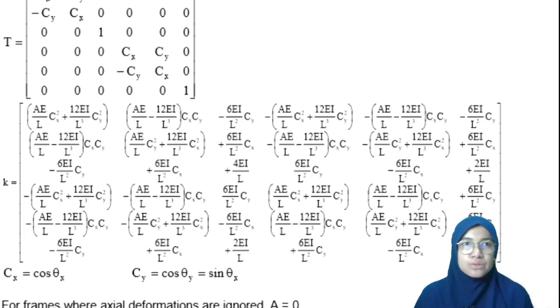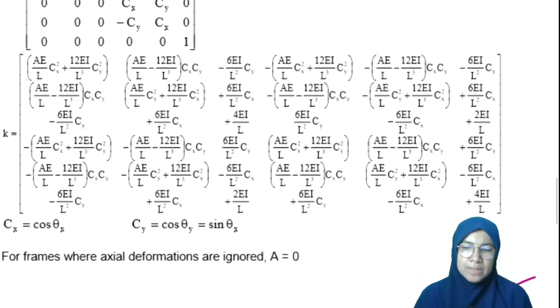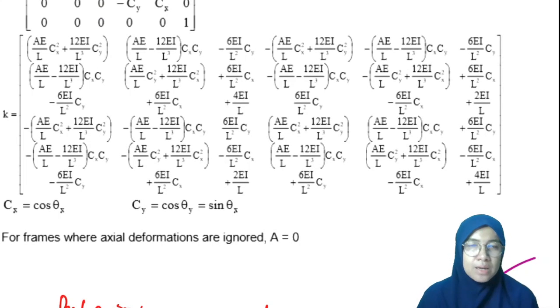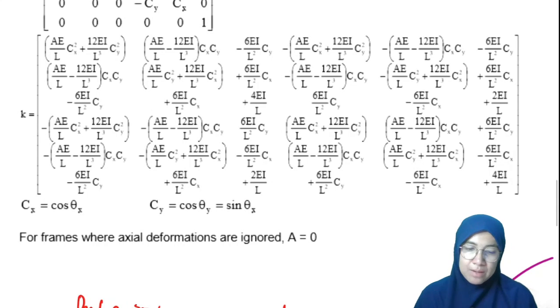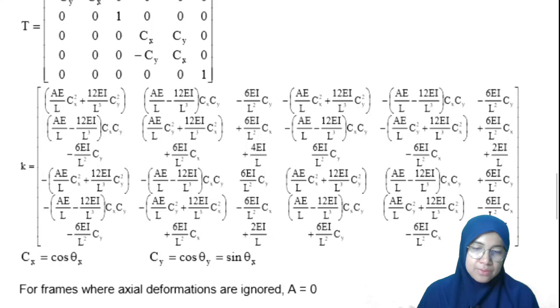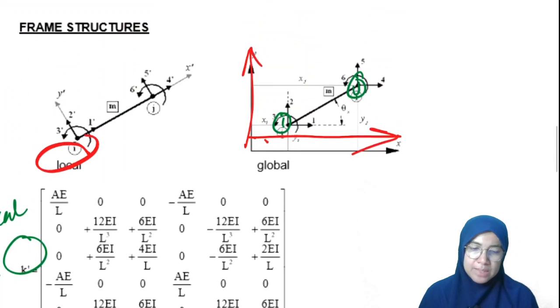So in the screen right now, as you can see, here is the formula for the element stiffness matrix for frame. It has a 6 by 6 matrix.